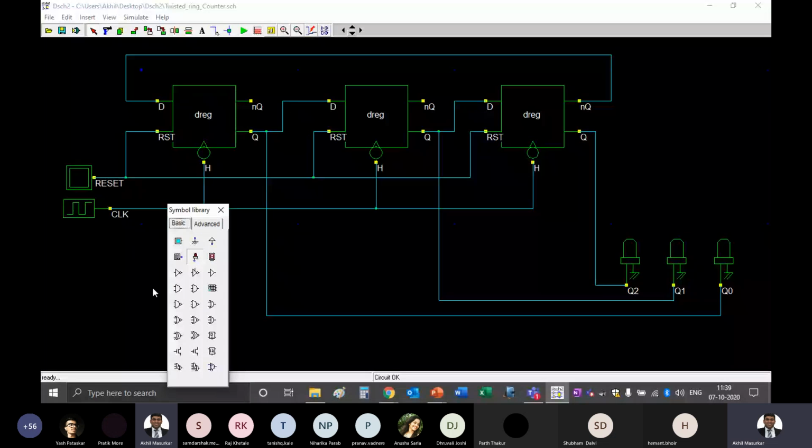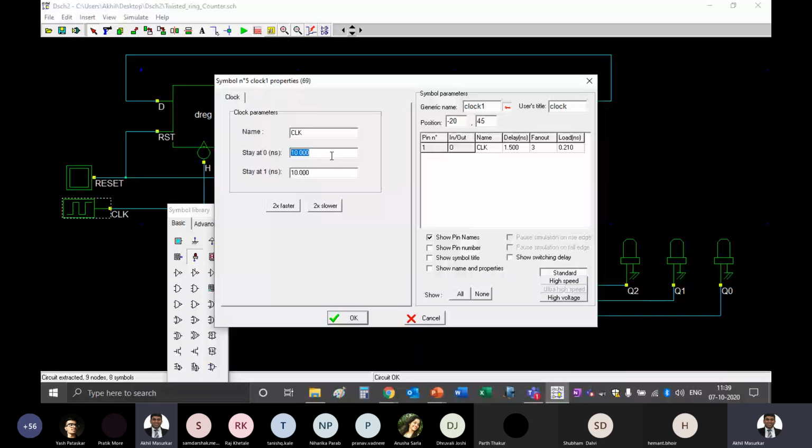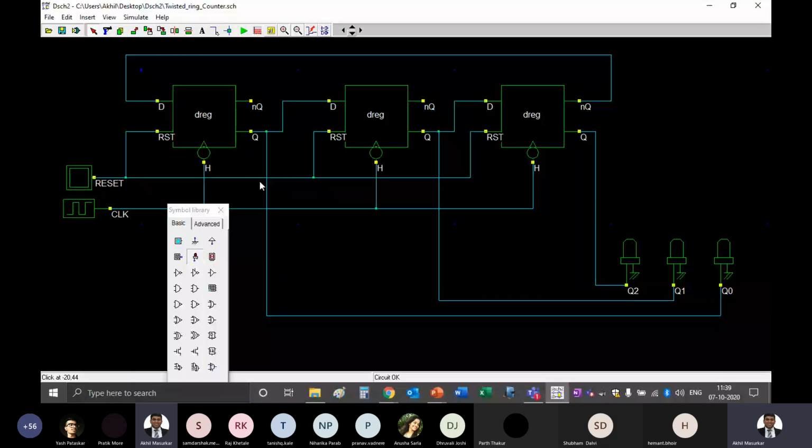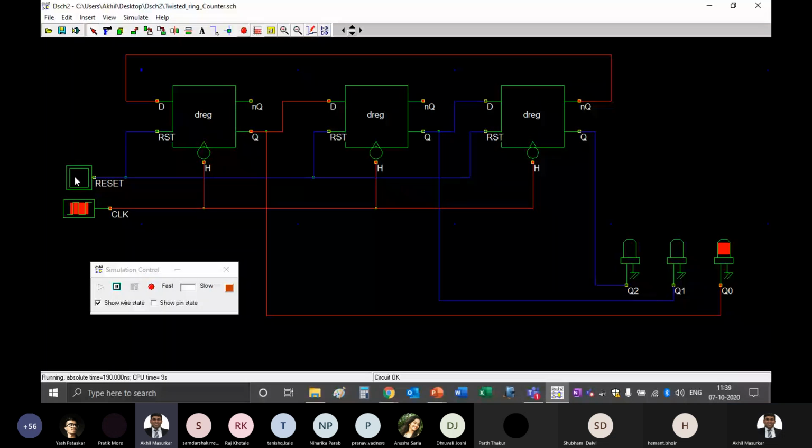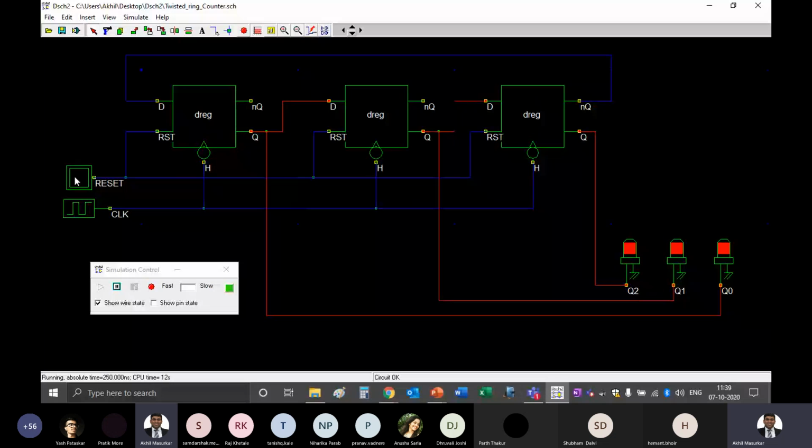So draw this circuit. Now all three will blink.